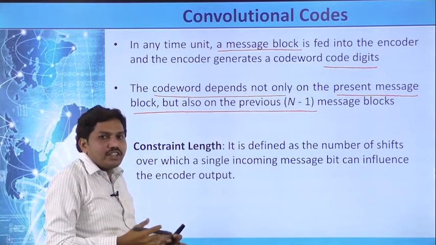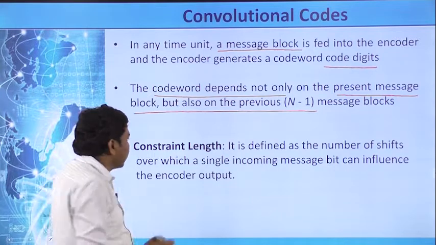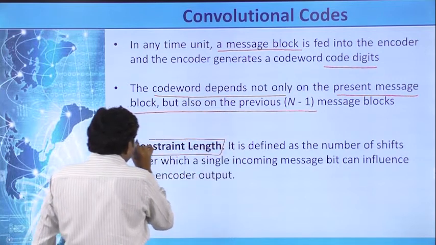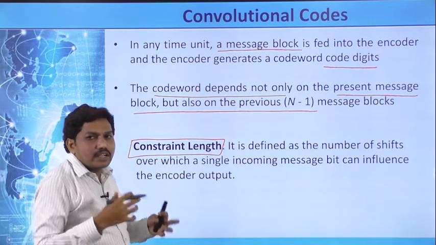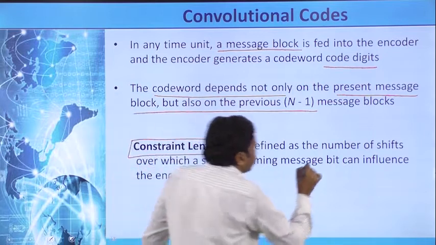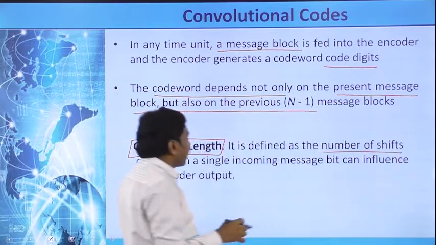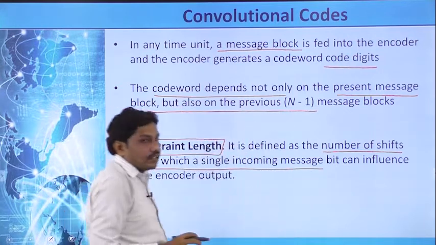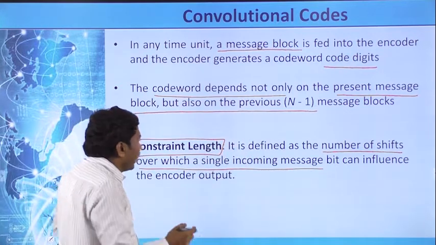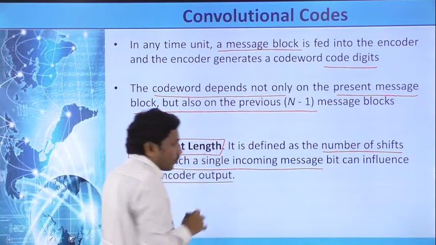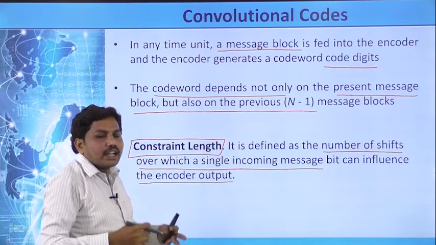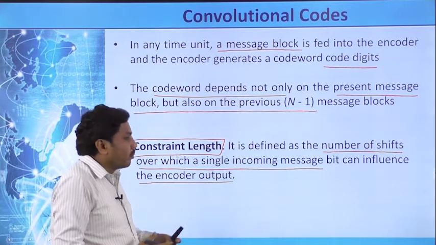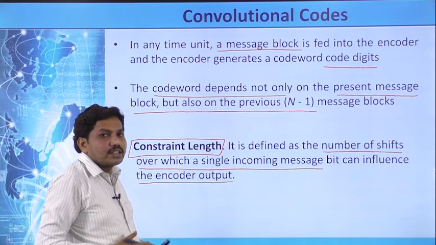So one important definition in case of convolutional codes is constraint length. So what do you mean by this constraint length? Constraint length is defined as the number of shifts over which a single incoming message bit can influence the encoded output. The single incoming message bit can influence the output bits, which is defined as the constraint length.